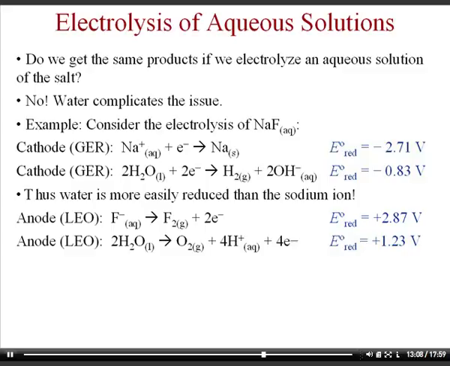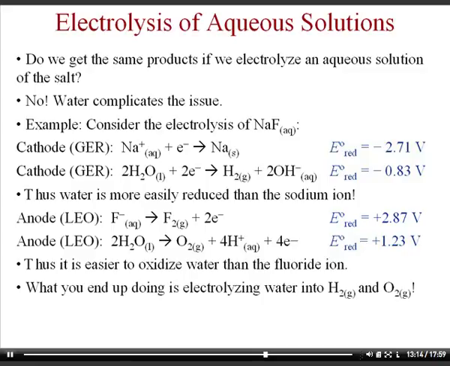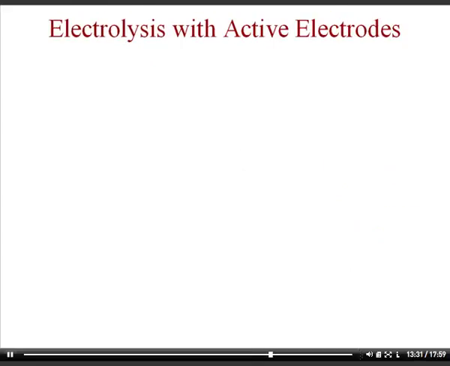So basically what happens is that you end up getting the oxidizing of water rather than the fluoride ion. And so at the cathode you produce hydrogen gas, and at the anode you produce oxygen gas. So at the cathode, which is negative in this case, you have hydrogen gas bubbling off, and at the anode, which is positive in these electrolysis examples, you have oxygen gas bubbling off.